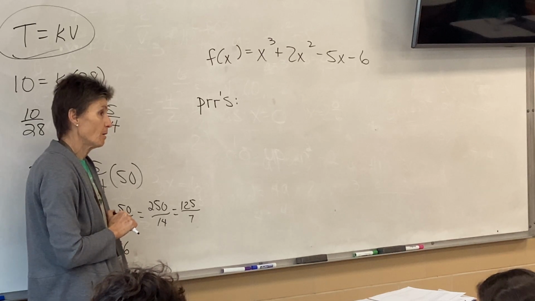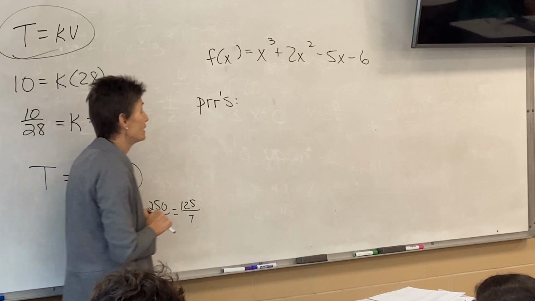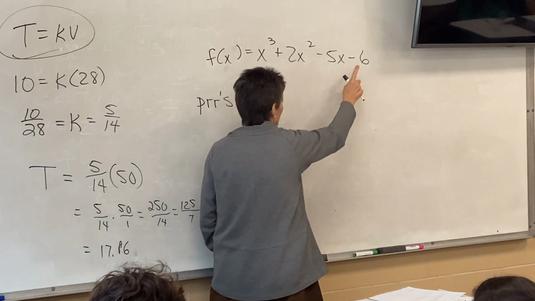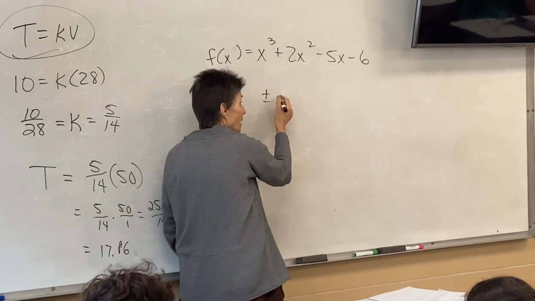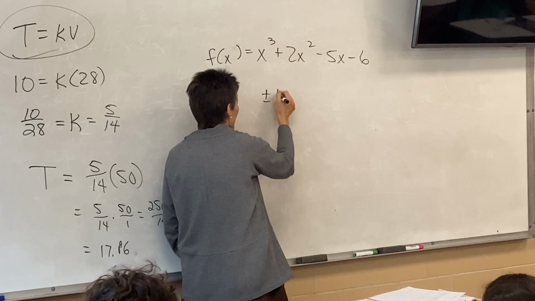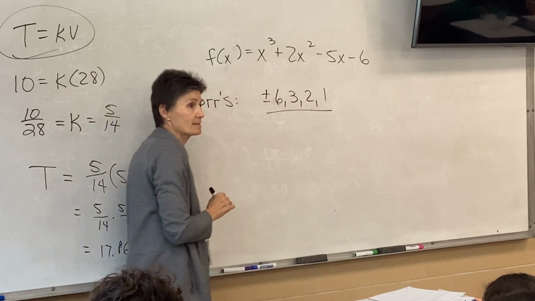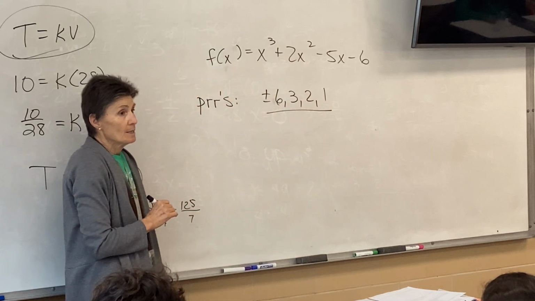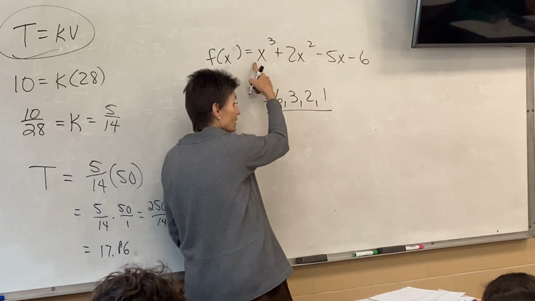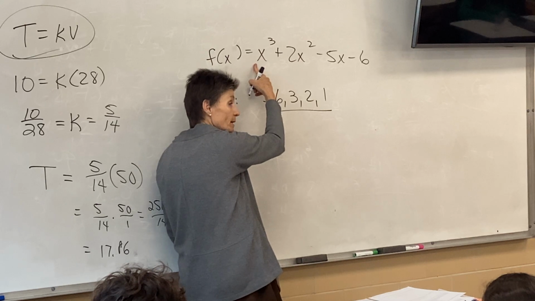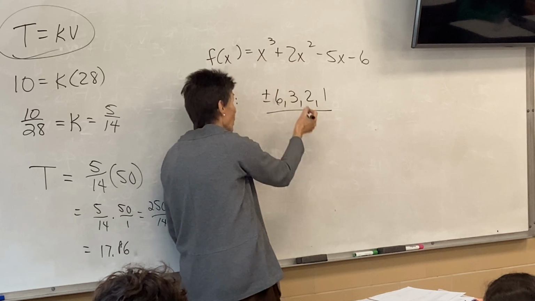How do I find the PRRs? Constant factors, so in this problem, it's gonna be the factors of 6. So every number that divides into 6, divided by the factors of the leading coefficient, which is just 1 again.